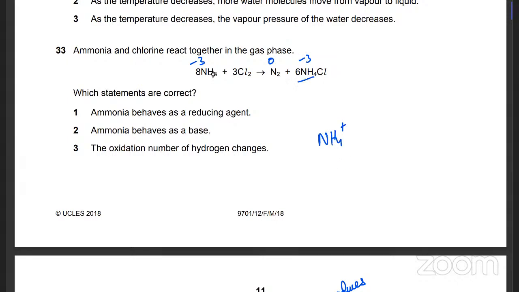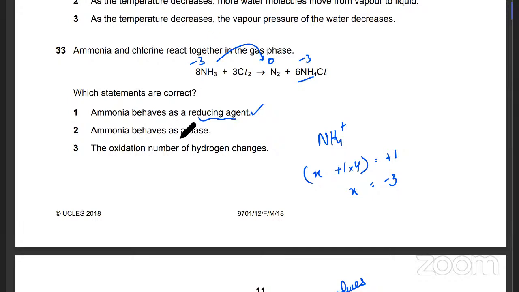So H is +1, that's +4, and the total charge on the entire thing is +1. So if you solve for X, it comes out to be -3. Over here, it's also -3. So in one of the products, what's happening to it, oxidized or reduced? Oxidized. So it is a reducing agent, right?